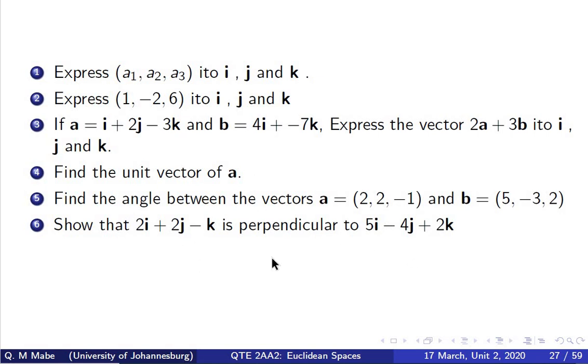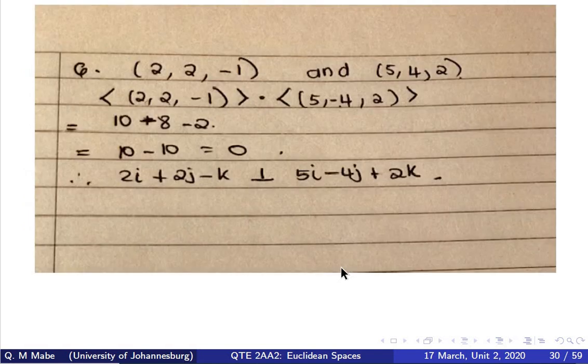If it's 0, then the two vectors are indeed perpendicular. This is what we did. We get the dot product. 2 times 5 is 10. 2 times negative 4 is negative 8. Negative 1 times negative 2 is negative 2. 2 minus 10 is 0. Therefore, these vectors are perpendicular.